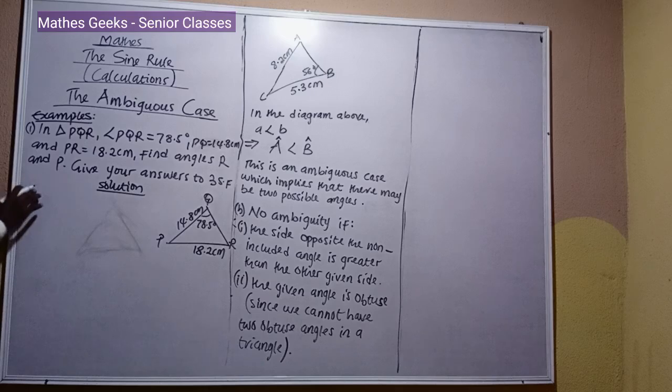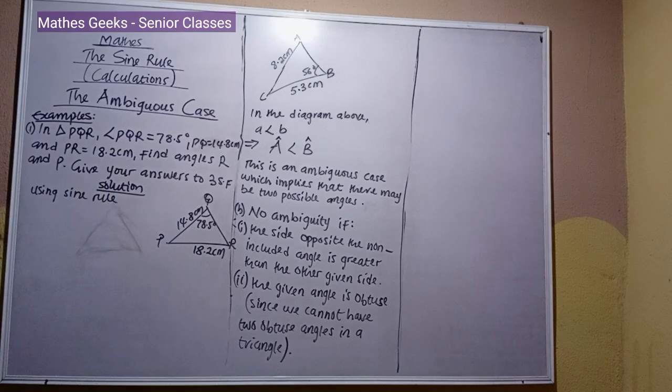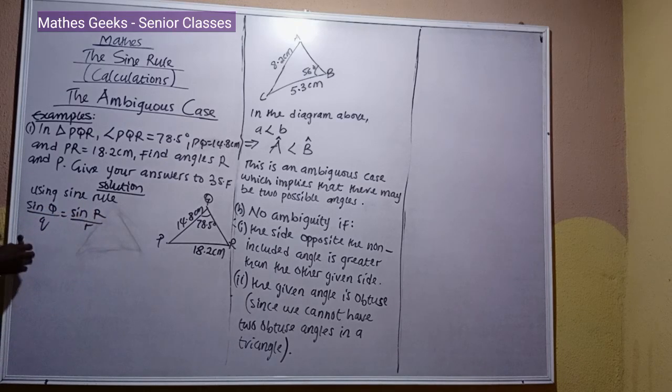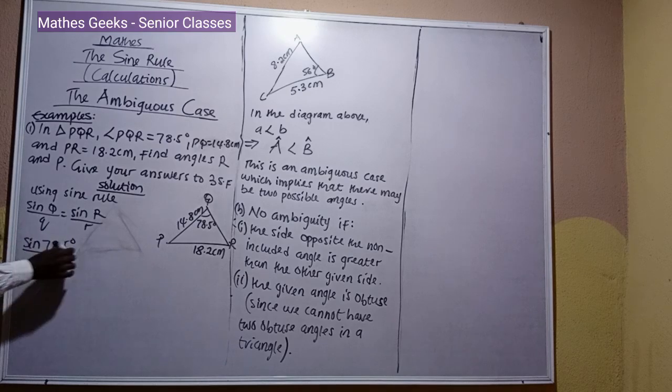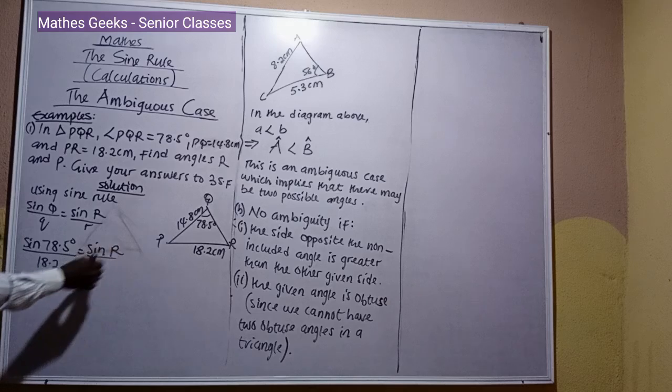So let's solve. Since it fulfills the sine rule, we're going to use the sine rule. And then you have sine Q over q is equal to sine R over r. Sine Q is 78.5 degrees over q, which is 18.2, and that will equal sine R over 14.8.